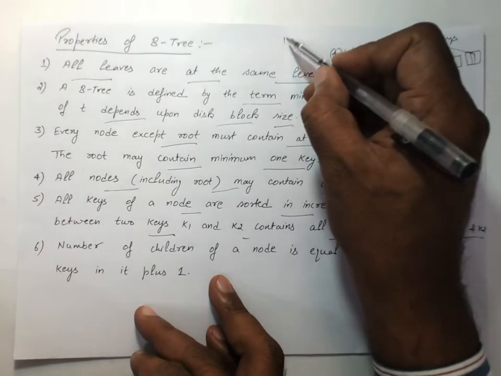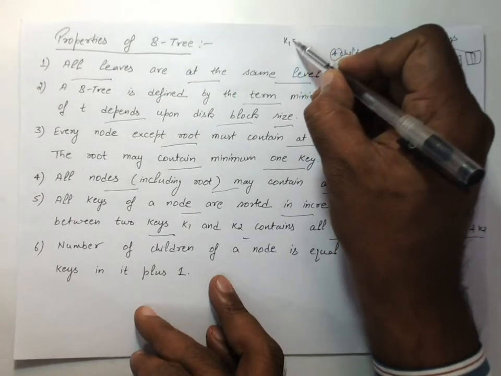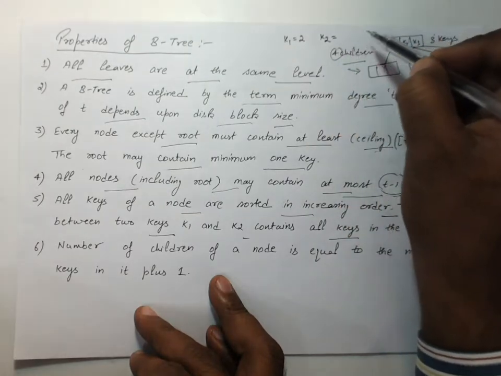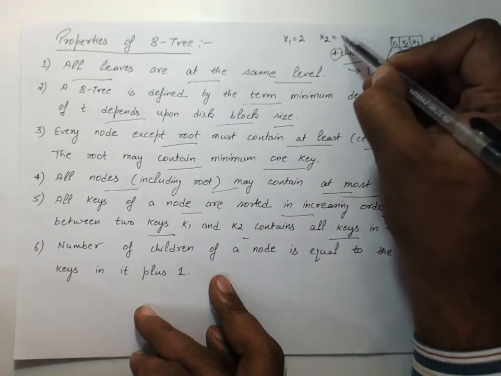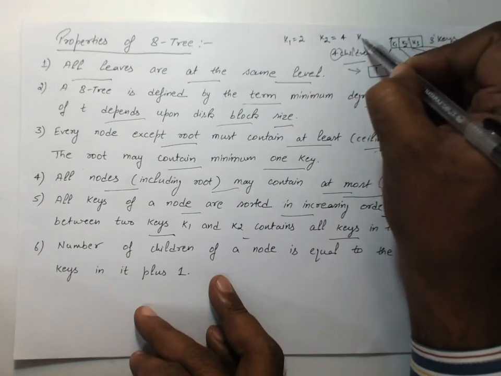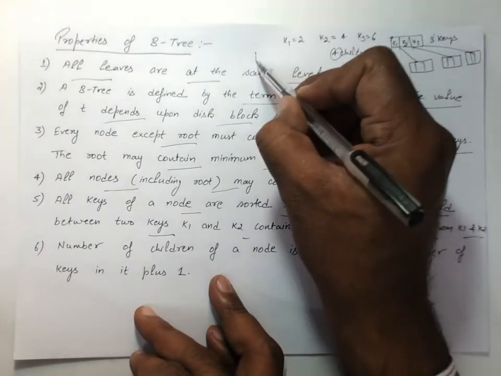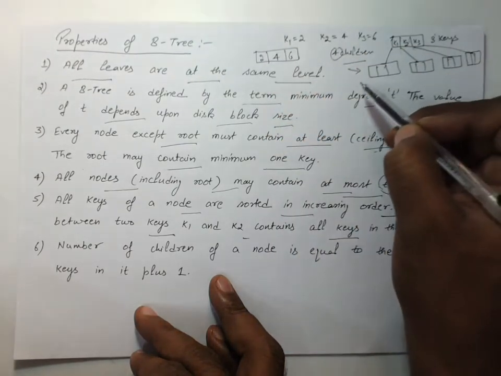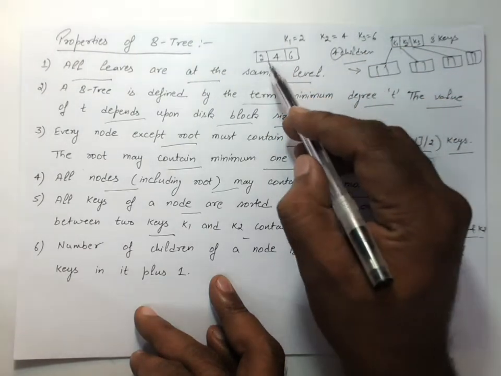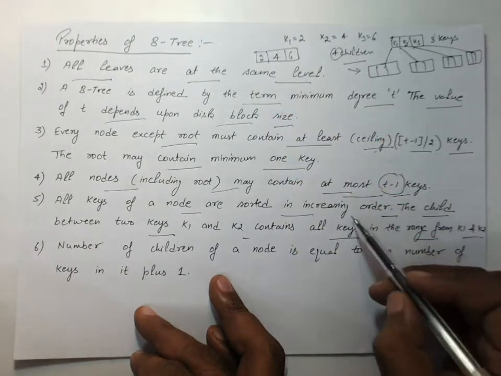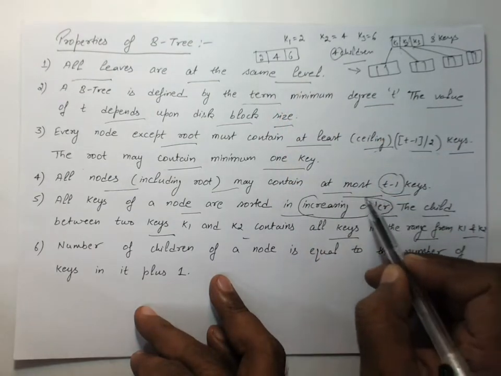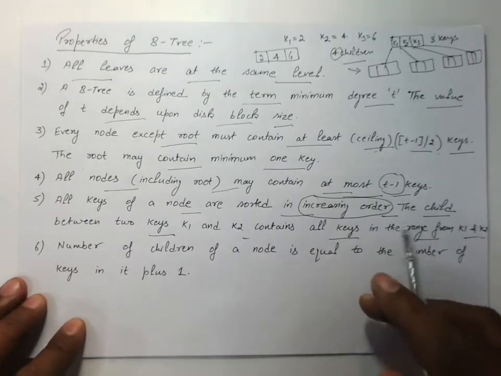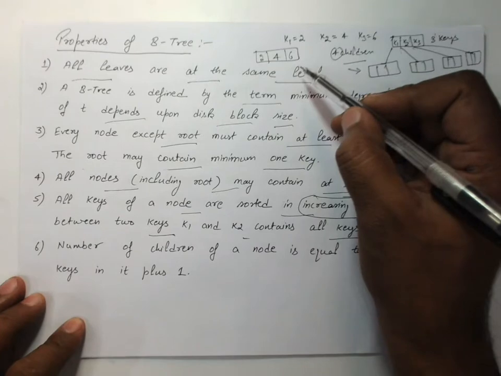For example, if K1 is 2, then K2 is greater than or equal to K1, say 4, and K3 may be 6. So it can store 2, 4, 6. Always, whenever values are stored in a node, they are stored in increasing order. Clear?